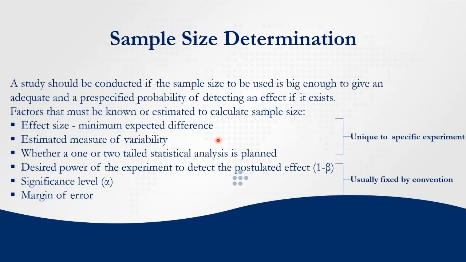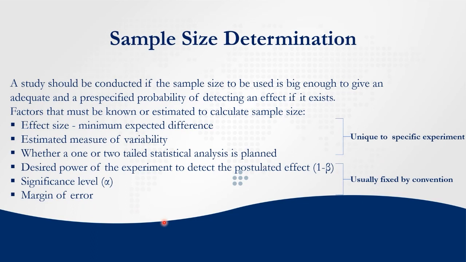So now moving on to sample size determination. The sample that we are using has to be big enough, as I've mentioned, for us to have enough probability of detecting an effect when it actually exists.